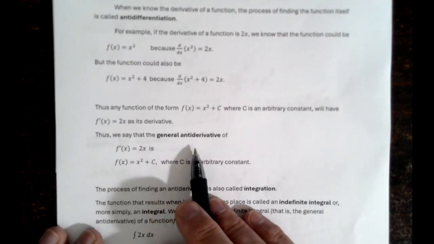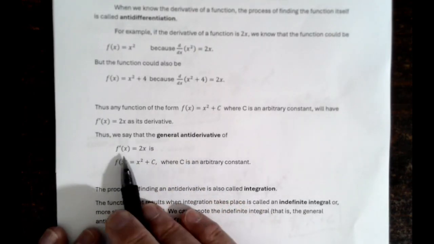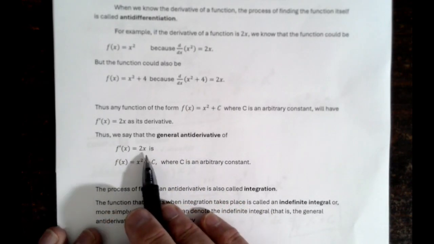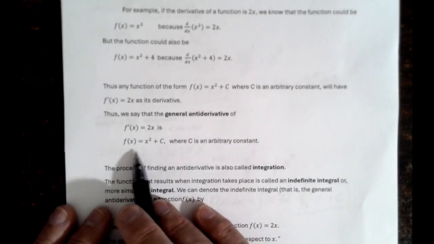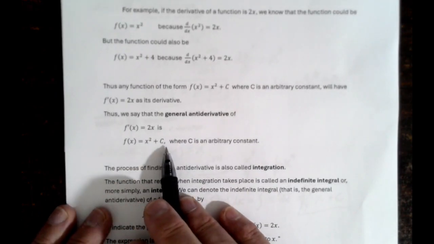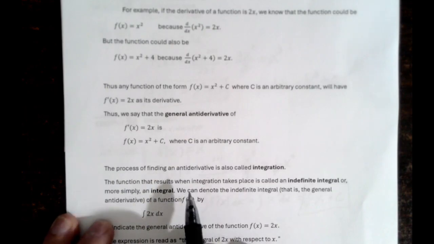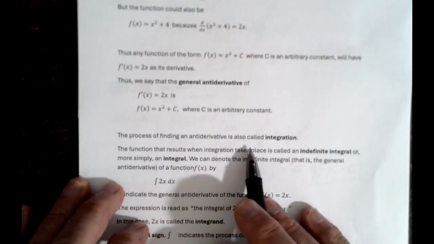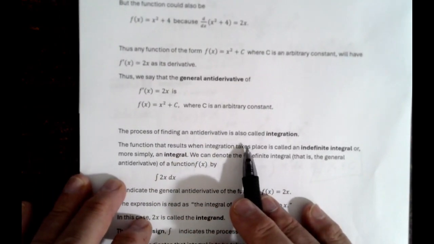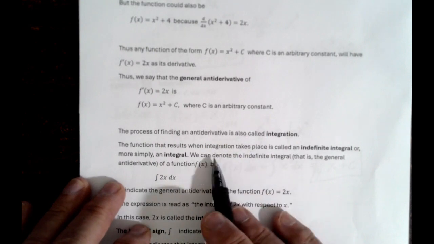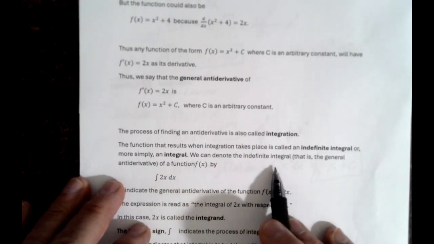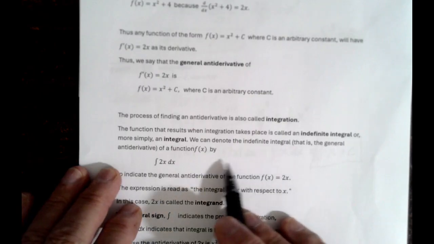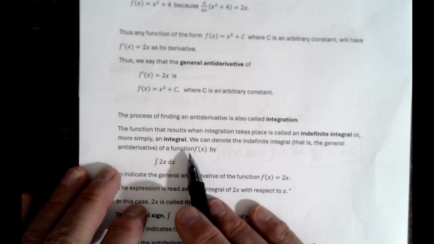Thus we say that the general antiderivative of f prime of x equals 2x is f of x equals x squared plus c, where c is a constant. The process of finding an antiderivative is also called integration. The function that results when integration takes place is called the indefinite integral, or more simply put, the integral.